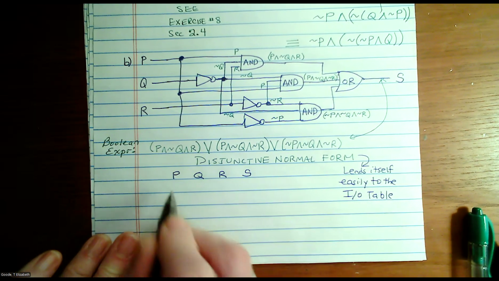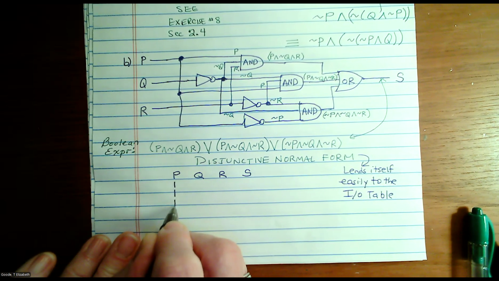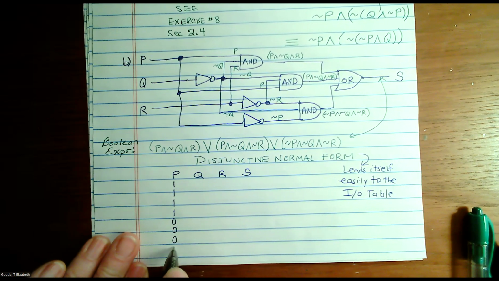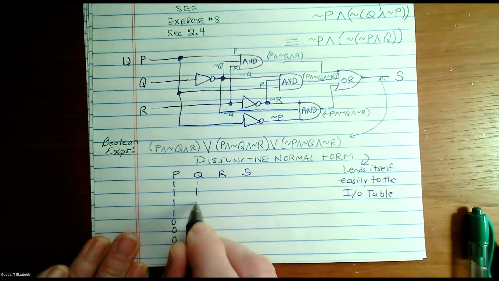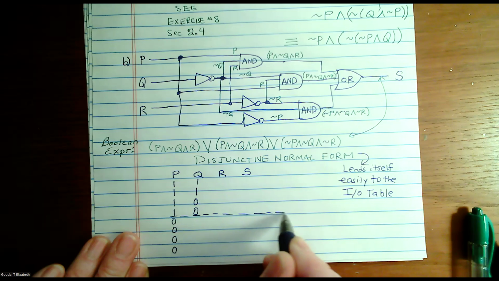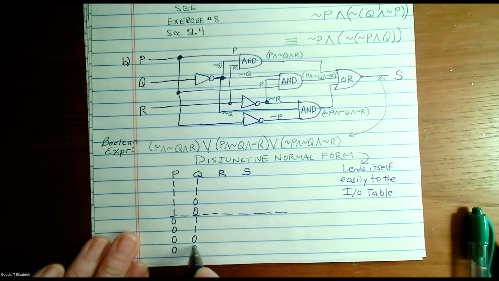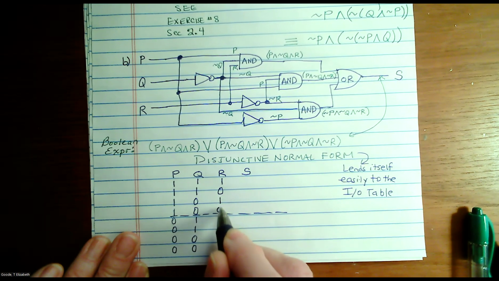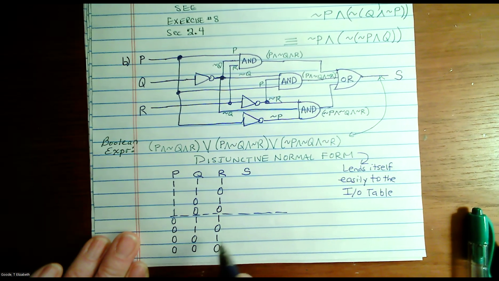All right, so I'm going to make these kind of small. 1, 1, 1, 1, 0, 0, 0, 0, so it'll fit on the same page. 1, 1, 0, 0. I'm going to line this up. 1, 1, 0, 0, 1, 0, 1, 0, 1, 0, 1, 0.